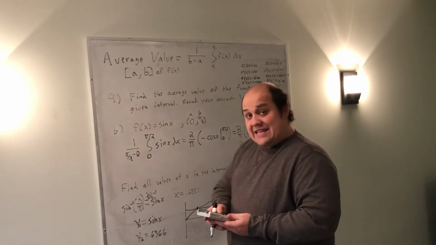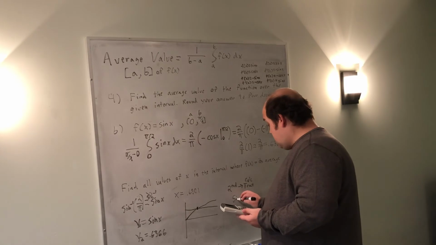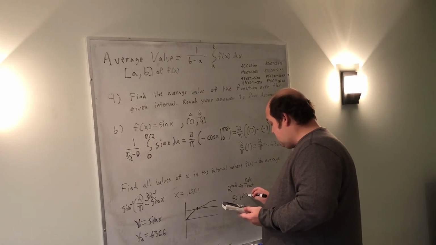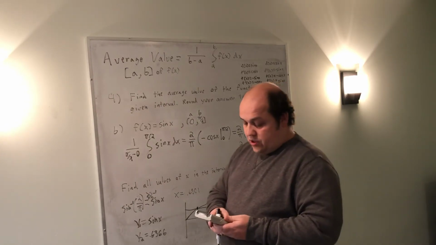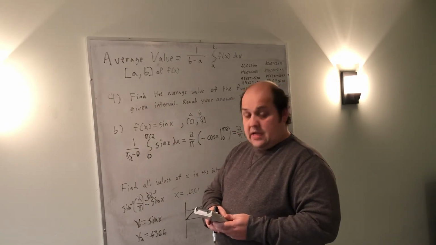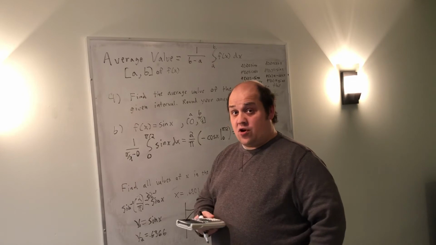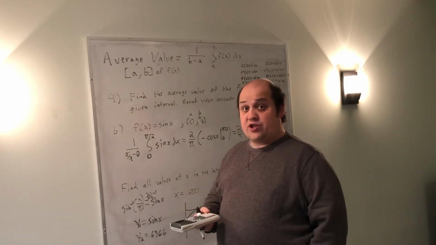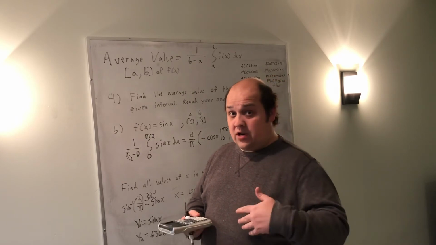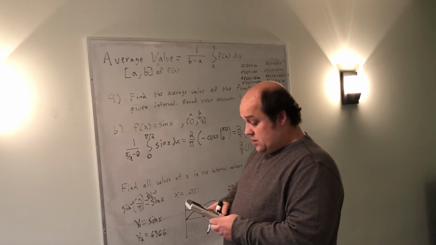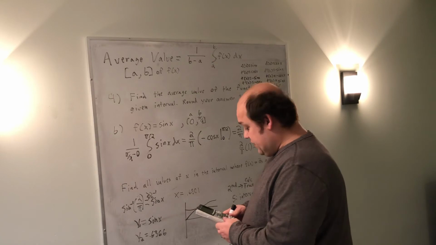From there, I'm selecting option number 5, intersect. After selecting option number 5, intersect, it'll ask me first curve, second curve, guess. If you literally just press enter, enter, enter, as long as you only have y1 and y2 on, it'll absolutely work. So I just press enter, enter, enter at this point.